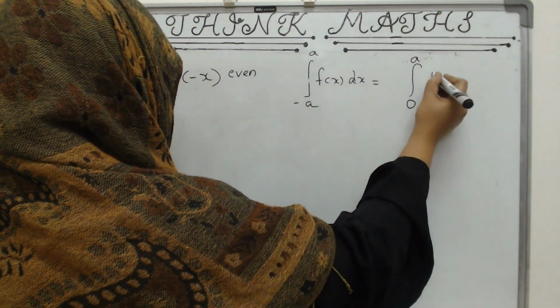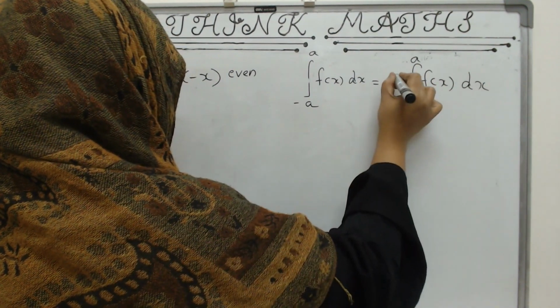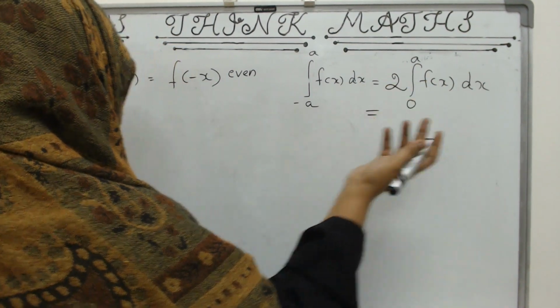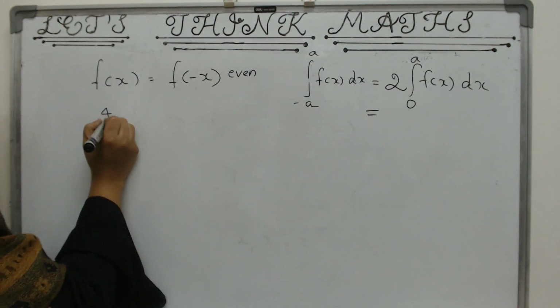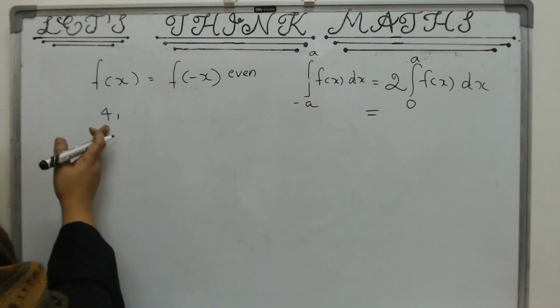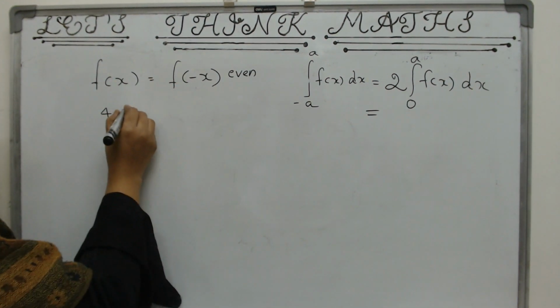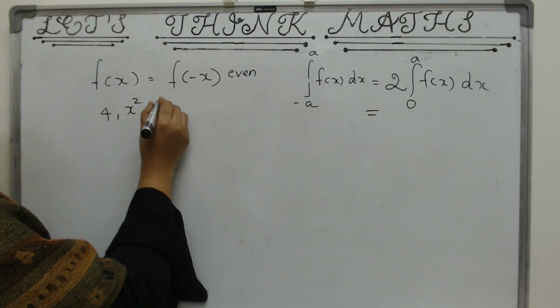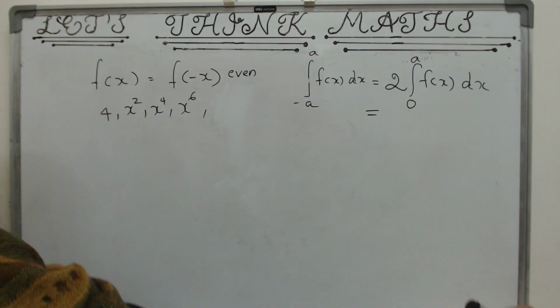Then you just need to integrate it from 0 to a into 2. This will give you the answer. Now give me some examples of even functions. A constant function is even. This is a constant function. You put x, you put minus x, still the same. x square, x raised to 4, x raised to 6, etc. It just keeps on going, right?